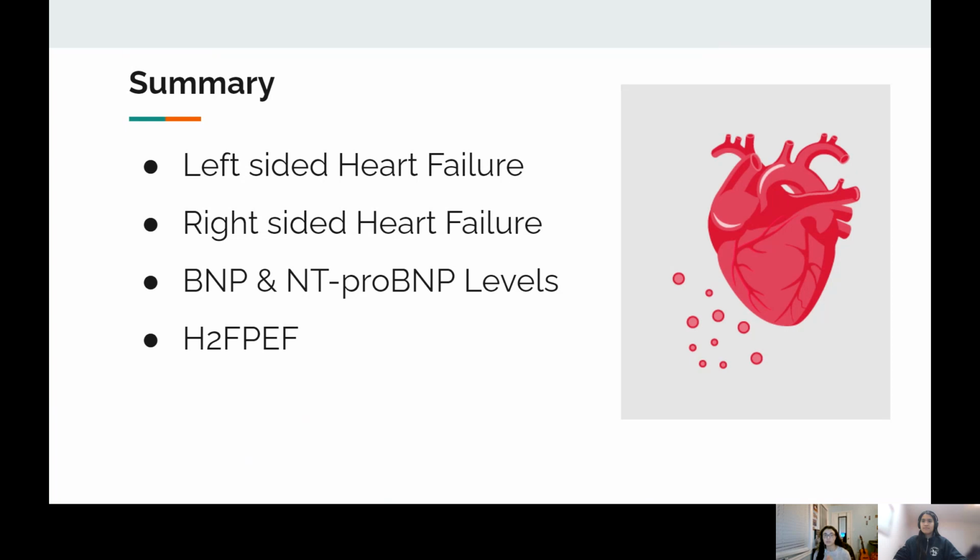We also talked about BNP and NT-proBNP blood tests, and we talked about this HFpEF score that can be used as a diagnostic tool. And we also discussed that although you may have symptoms of shortness of breath, there are also other potential diagnoses, so make sure to consult with your doctor.